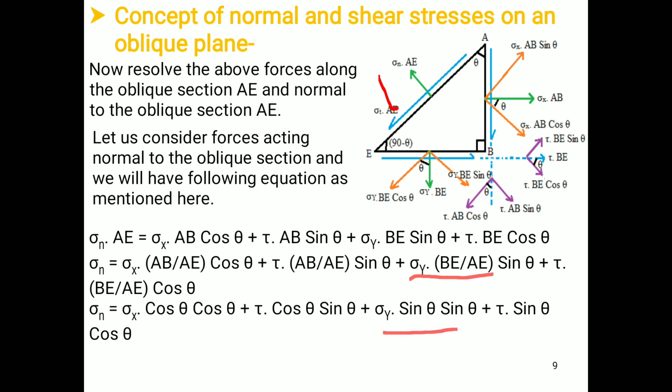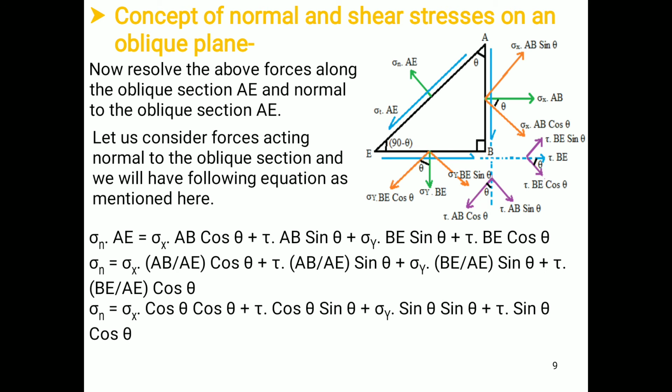From this figure you have to calculate all those values. It's very easy because it's a concept of trigonometry. And the last one, tau into sin of theta into cos of theta. Again BE upon AE is nothing but sin of theta. So in this manner we have the value of sigma n in the form of this equation. Is it okay?